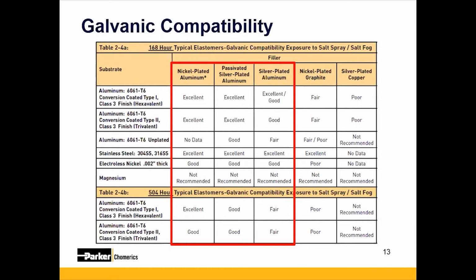And really what we've done with this table is we've taken that galvanic series and done a lot of the testing at 168 and 504 hours salt fog exposure of our gaskets as well as the enclosure materials. So we've really put together a determination of what the best mating materials are in terms of minimizing that corrosion and increasing the life cycle of a lot of these applications.